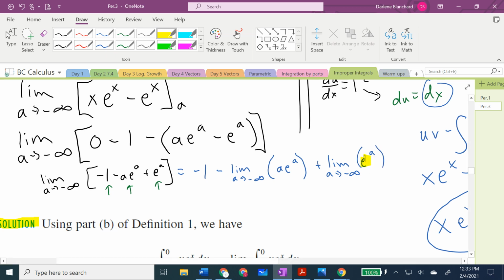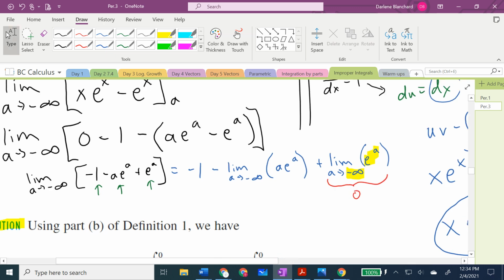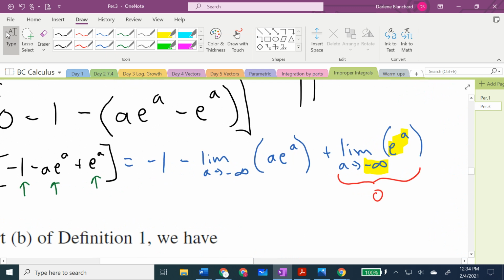So if you think about what the graph of e to the x does when its input is negative infinity, what is the answer to that limit? Zero. But this one, that's my evil laughter for the situation you're in here.